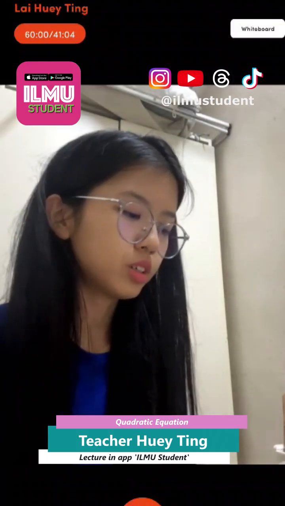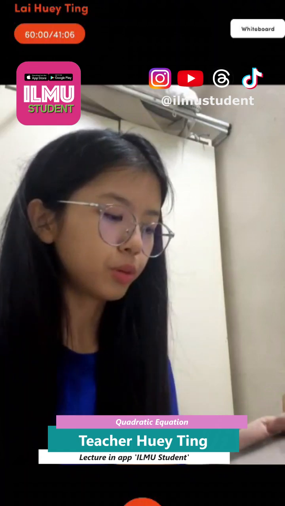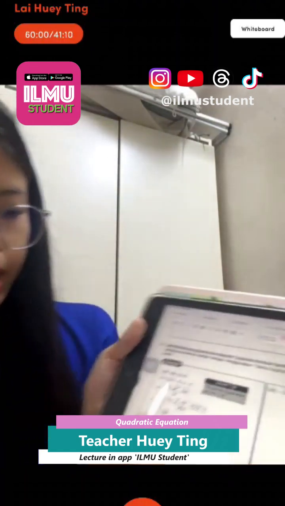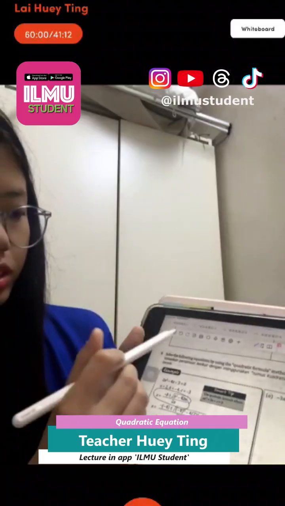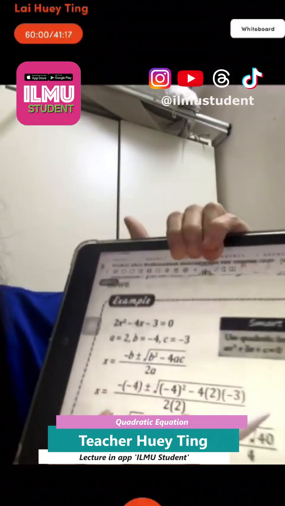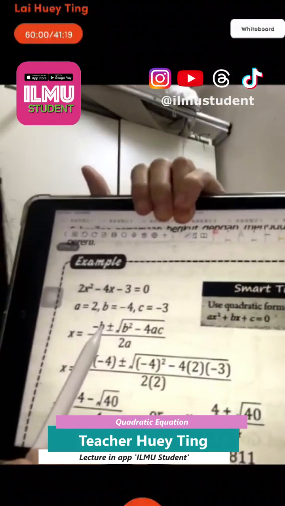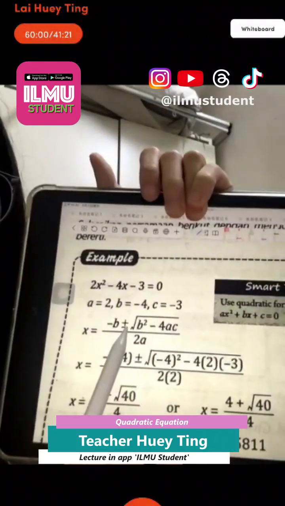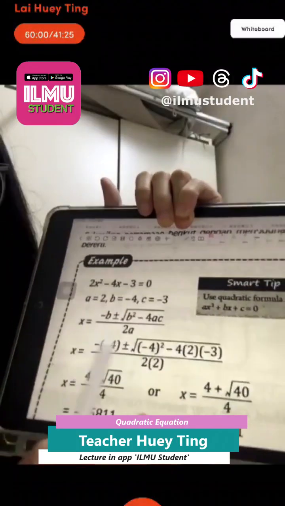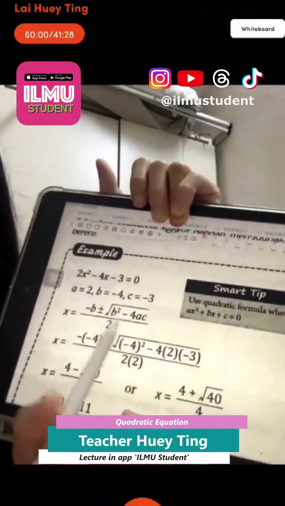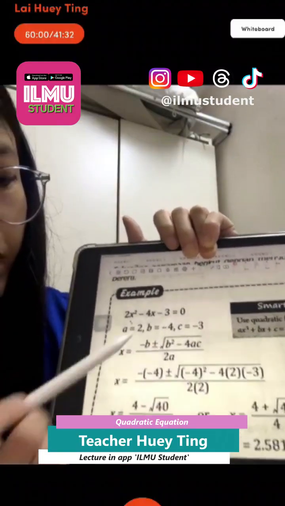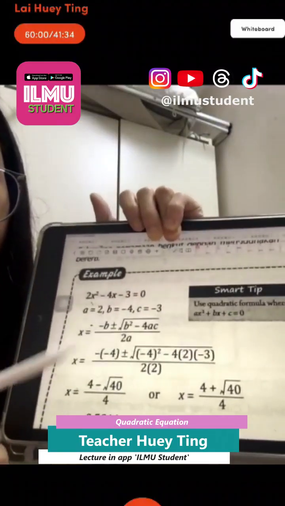For this method, you just have to use the formula, which is minus b plus minus square root of b squared minus 4ac over 2a. We just put the ABC values in this formula, and we can get the answer.